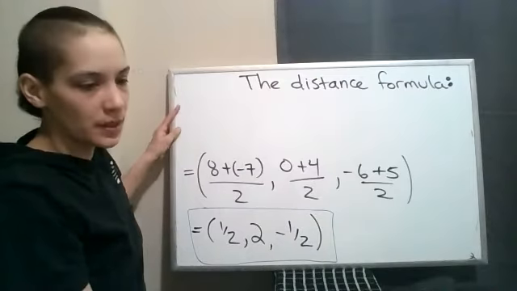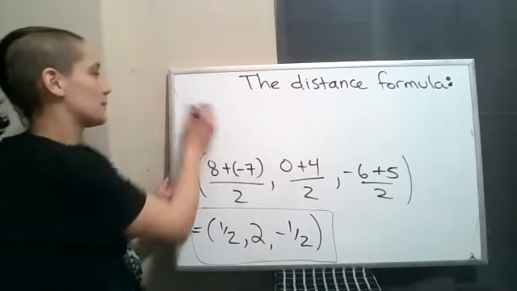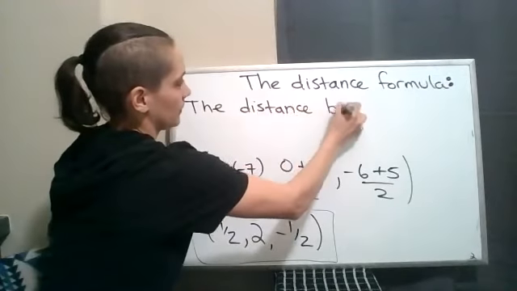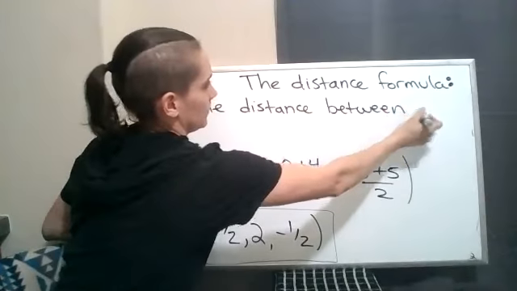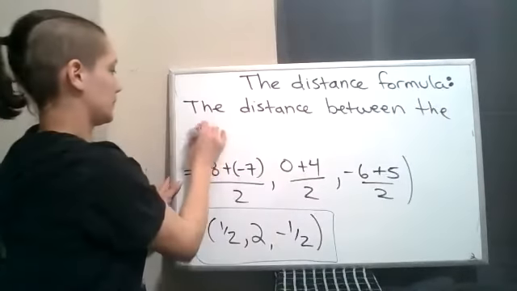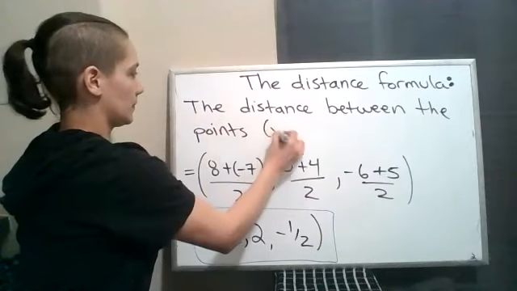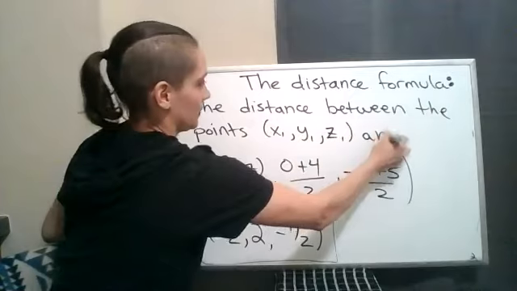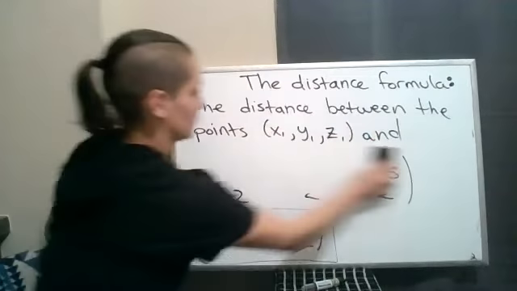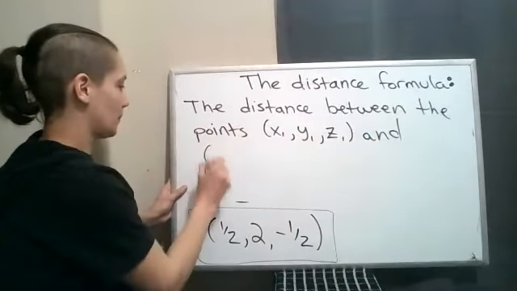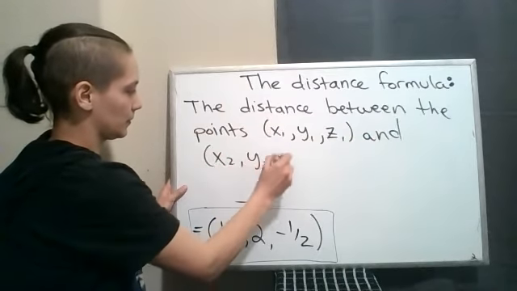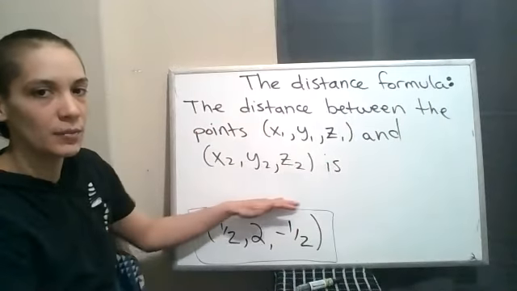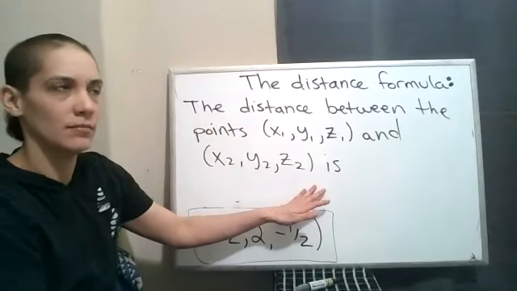We're talking about the distance between the points x1, y1, z1 and x2, y2, z2. It is similar to finding the distance in 2D, but we're going to add an extra piece.